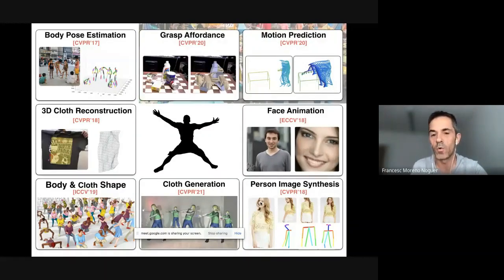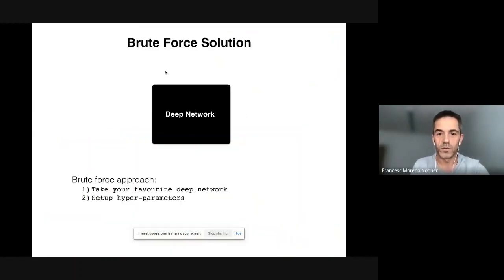And finally, a work on grasp affordance. What we do in this work is, given one single image that shows several objects, we design a network that provides the potential configurations of human hands that can grasp each one of the objects.